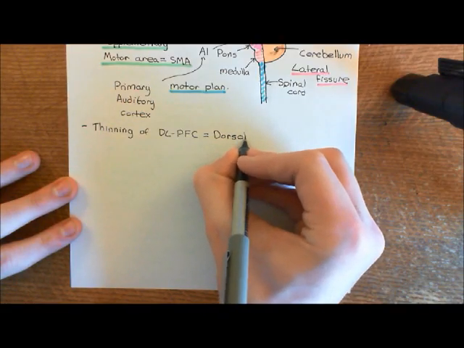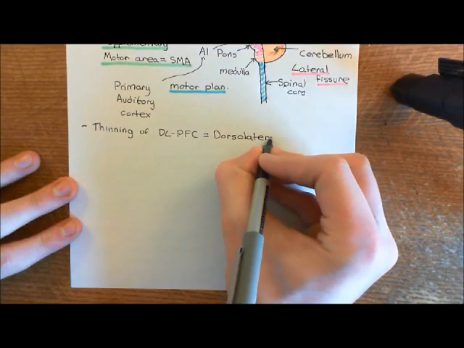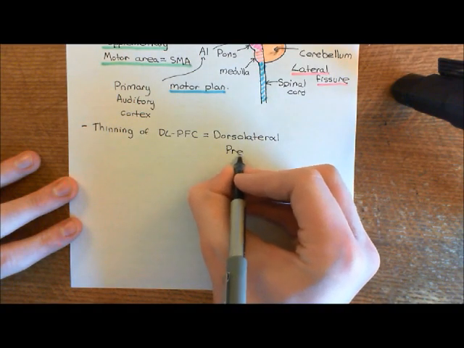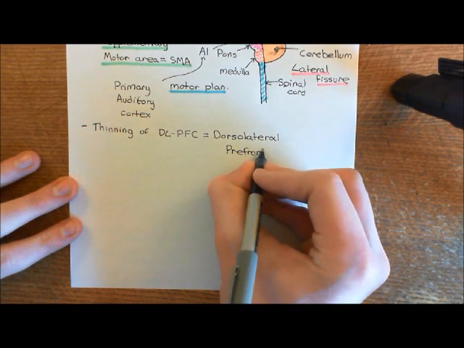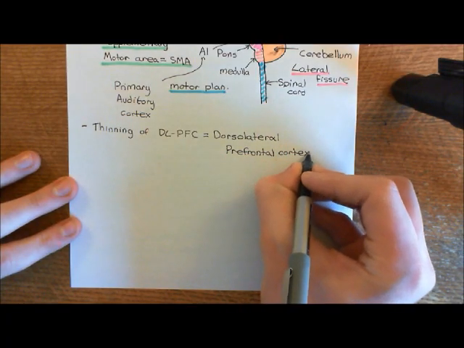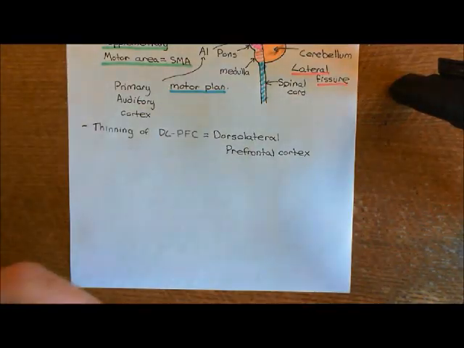So the DL stands for dorsolateral, and PFC stands for prefrontal cortex.